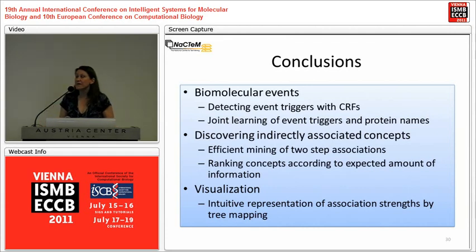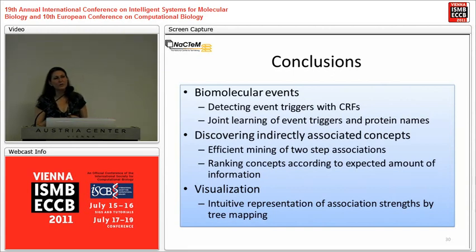We have also added biomolecular events, so in theory more events can be added as long as we have some annotated training data. The novelty is how we can improve detecting event triggers using CRFs, by using a joint learning method of event triggers and protein names and adding the fillers, which improves their performance.